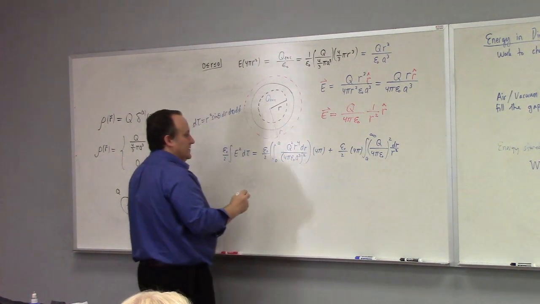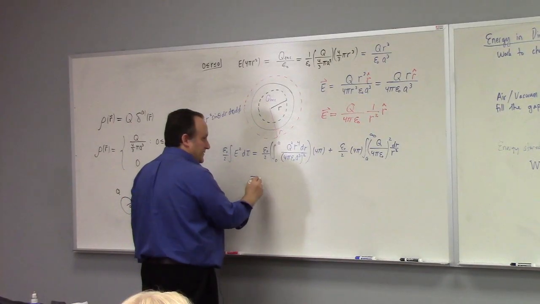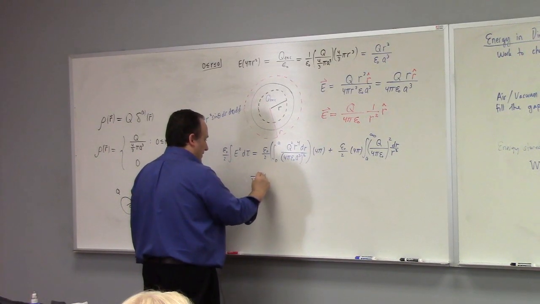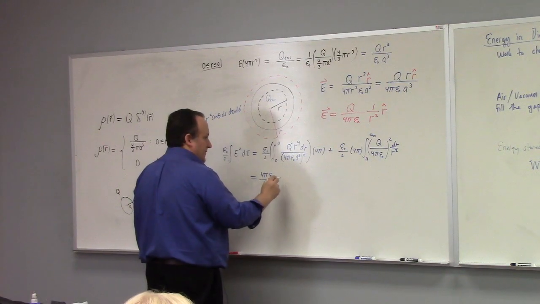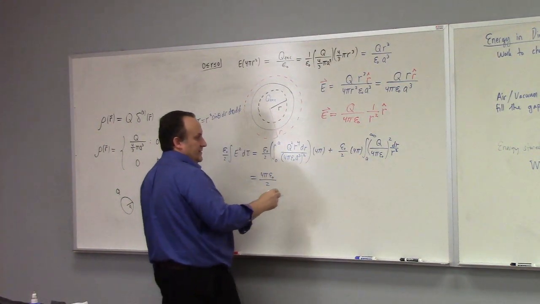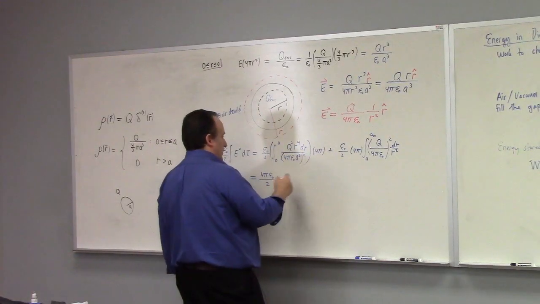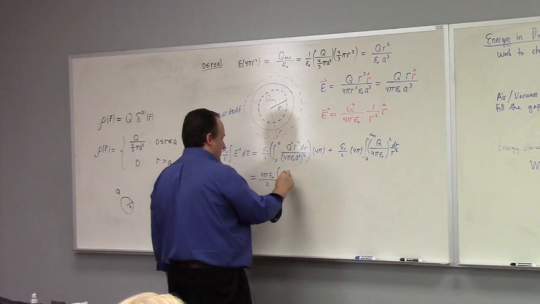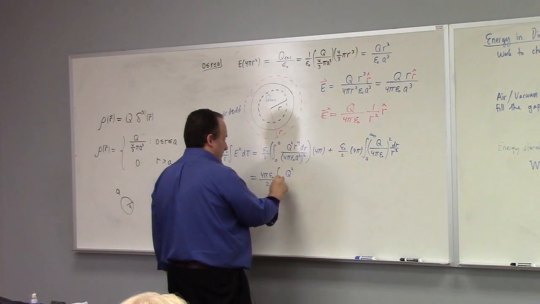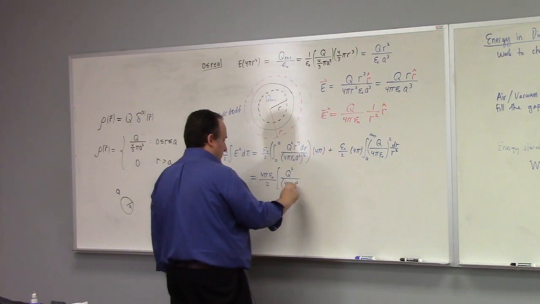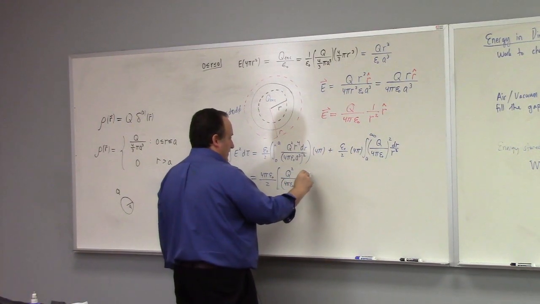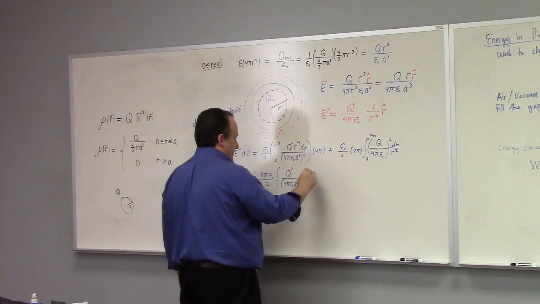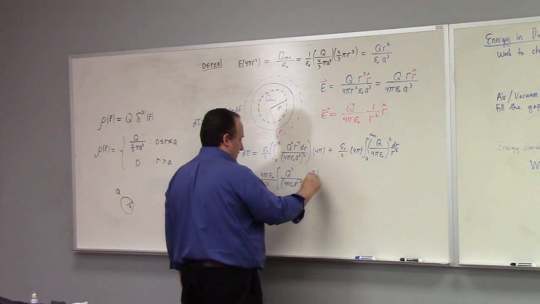Let's see here. So we got ourselves 4 pi epsilon naught over 2 out front. And then there's another 4 pi, I already got the 4 pi. And then Q squared over 4 pi epsilon naught a cubed, quantity squared. And then we've got r to the 5th over 5 evaluated from 0 to a.